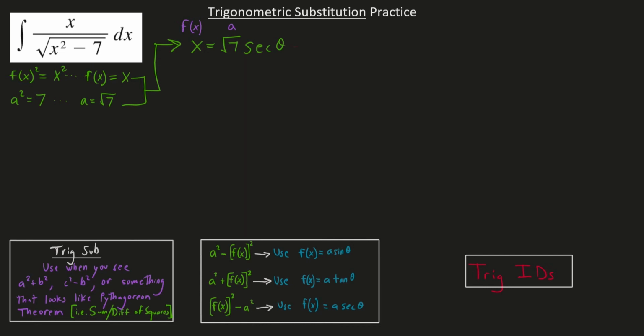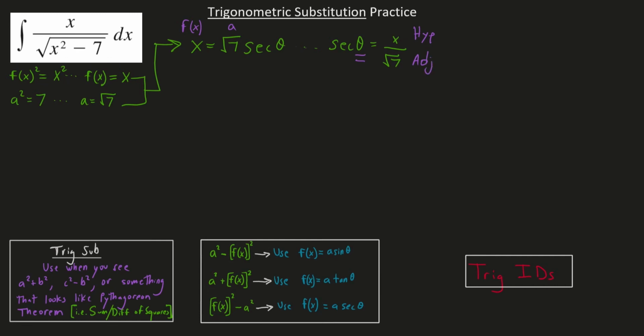Of course, don't forget, let's make that right triangle. That'll save us at the last step. And to do that, I want to get the secant of theta, that trig part of it, by itself. And I know the secant of some angle is its hypotenuse side over its adjacent side. It's the reciprocal, the flip of cosine.